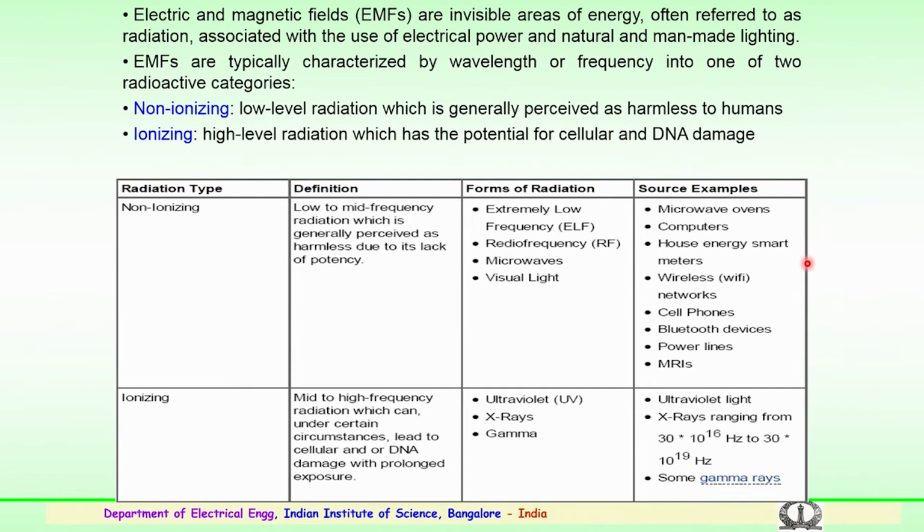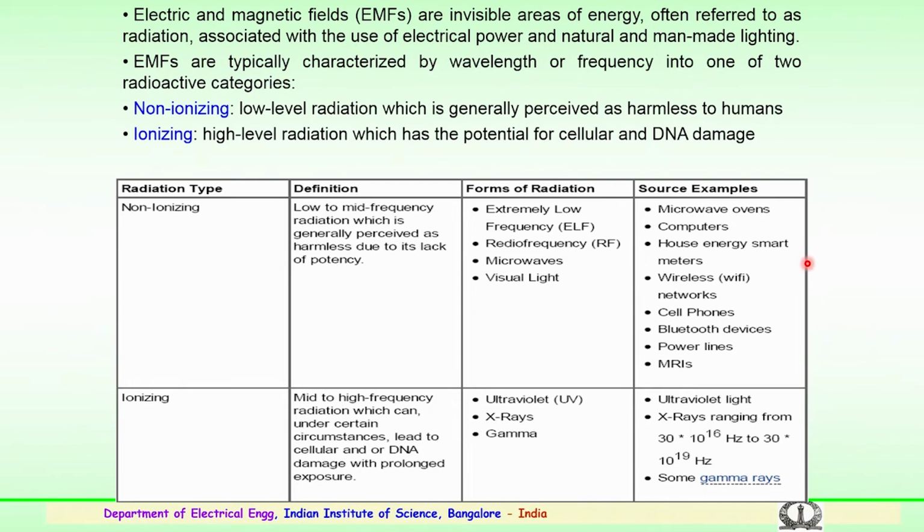So, electric and magnetic fields are both invisible areas of energy. These are often referred to as electromagnetic field radiations, and are associated with the use of electrical power at very high current ratings.